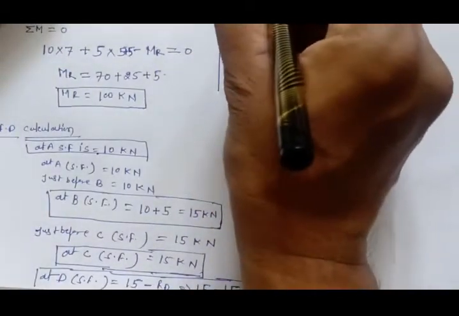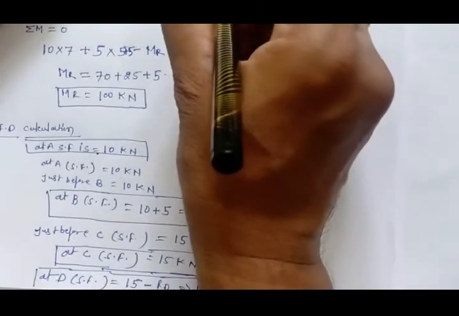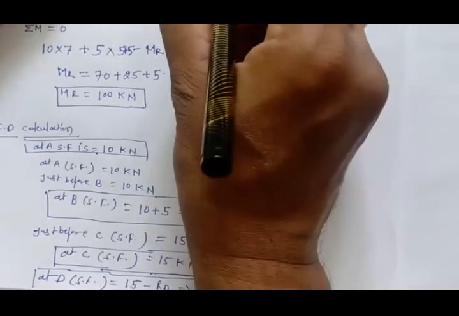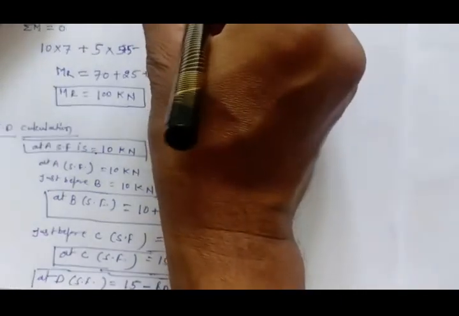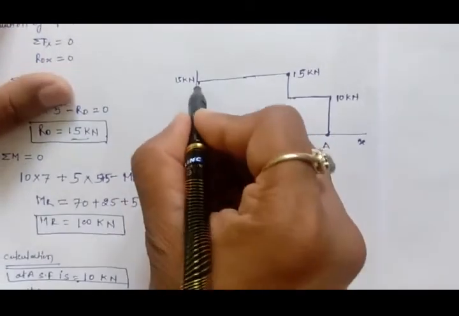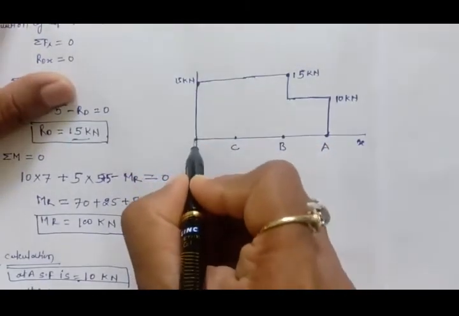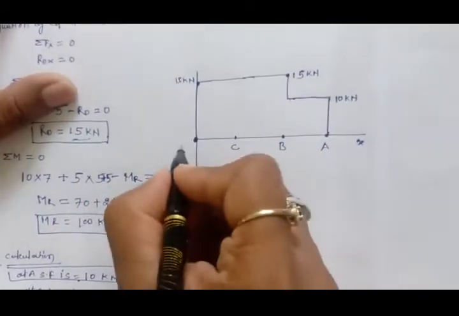Here also 15 kilonewton is there, and just before D also it's 15 kilonewton, and at D it's 0.